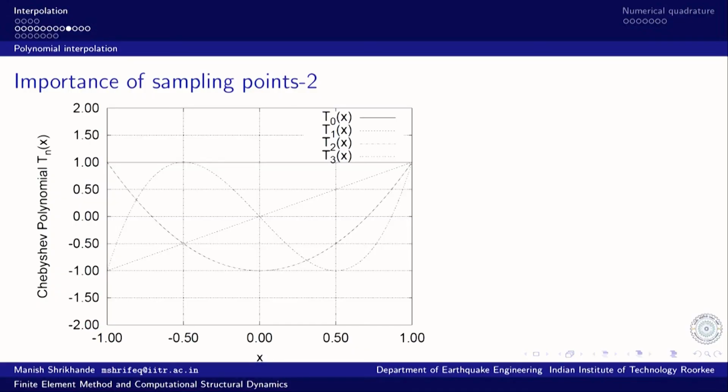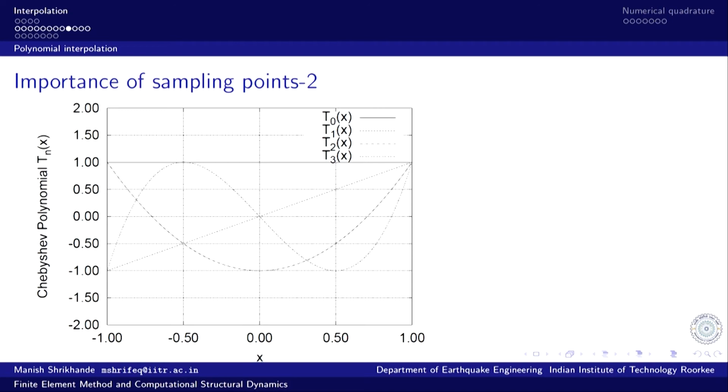These are the Chebyshev polynomials of increasing degrees. T 0 is a constant line at 1, the 0th degree constant term. T 1 is a linear term, T 2 is a quadratic, T 3 is a cubic, and so on.